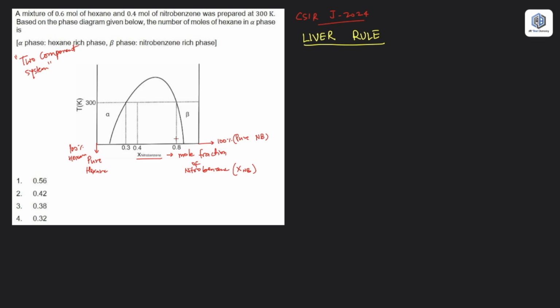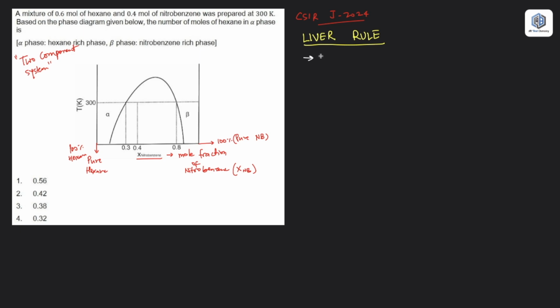Okay, so now let's try to solve it. As I said, this concept over here is your lever rule, and this is used in the phase diagram to determine relative amounts of two coexisting phases in a system. So what is this used for?